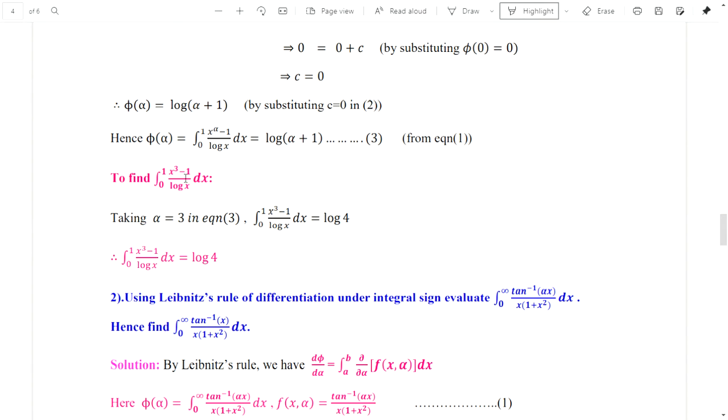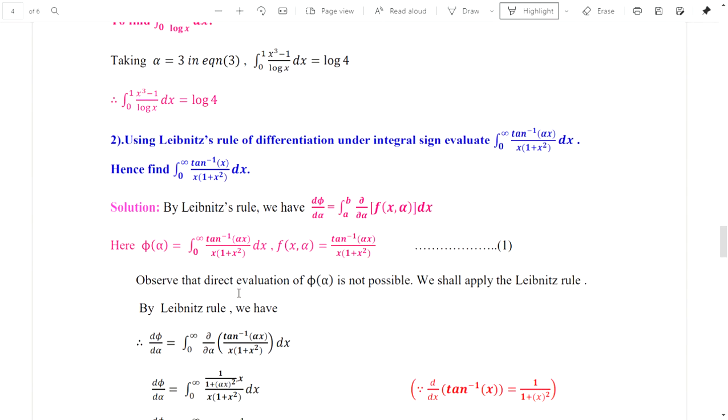That's why in this final answer put alpha is equal to 3. So that we will get integral of 0 to 1 x cube minus 1 by log x into dx is equal to log of 3 plus 1, that is equal to log 4. Therefore, integral of 0 to 1 x cube minus 1 by log x into dx is equal to log 4.